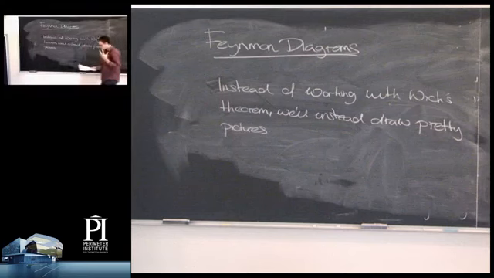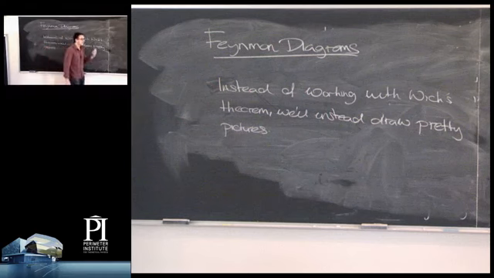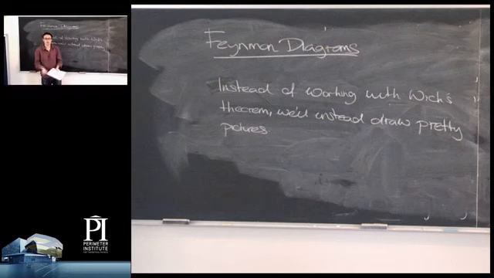What I'm going to do is just tell you the algorithm to draw these pictures. The point of these pictures is that every one you can draw down is in one-to-one correspondence with the kind of terms that arise in Wick's theorem. Now that may or may not be obvious to you after I've told you the algorithm to draw these pictures. It's one of these things that it's best to convince yourself just by sitting down and doing a few examples. I'll do the example of nucleon scattering on the board, but these are really just capturing the combinatorial tedium of working through Wick's theorem, but in a nice way. Okay?